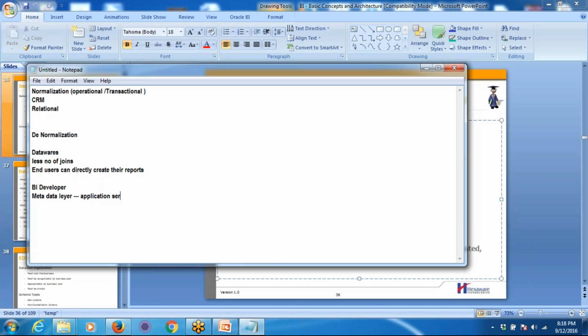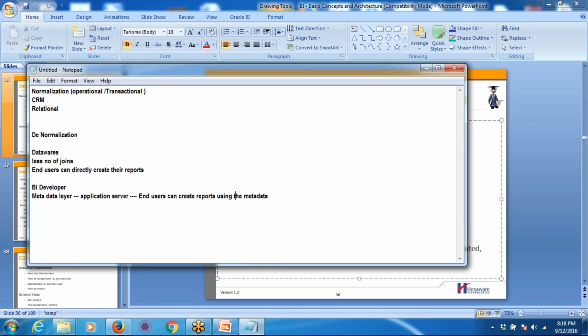Once you deploy this on an application server, end users can make use of it. End users can create reports using the metadata.